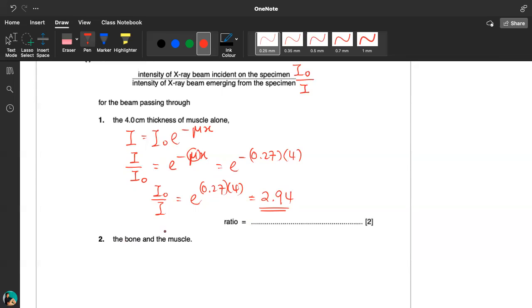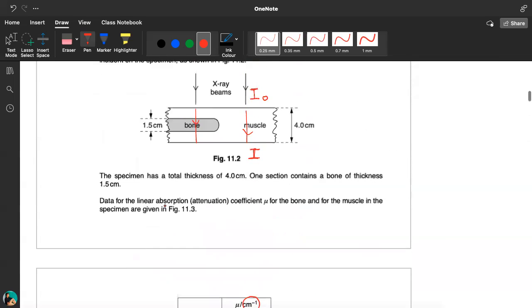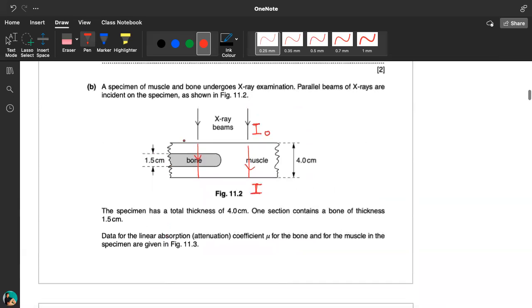Okay, number 2, the bone and the muscle. This one the X-ray passes through 2 media. It goes through the muscle, then bone, then muscle. Just to make this easier, I will combine this chunk with this chunk. Let me redraw this. I get something like this. It passes through the muscle first 2 layers, and then the bone.